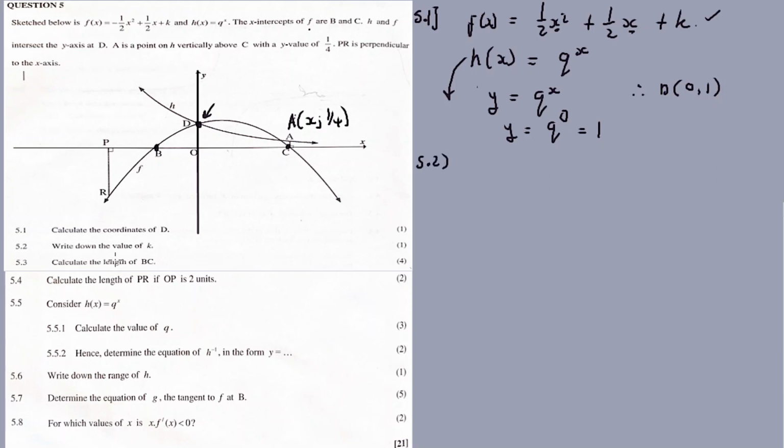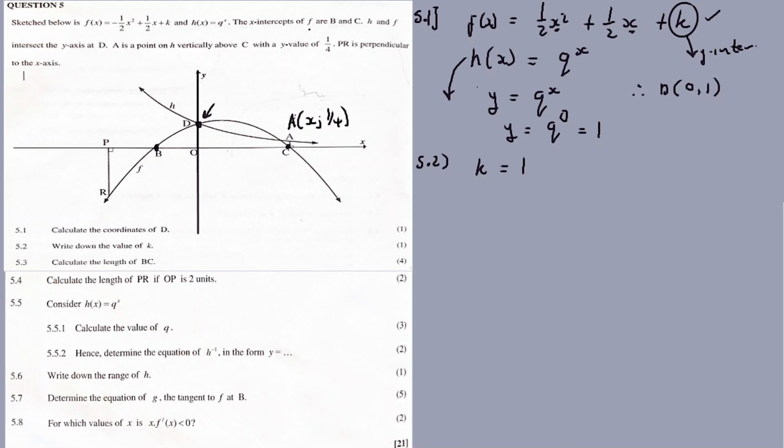5.2: write down the value of k. Alright, so k is equal to 1. This value of k is the y-intercept for the parabola.